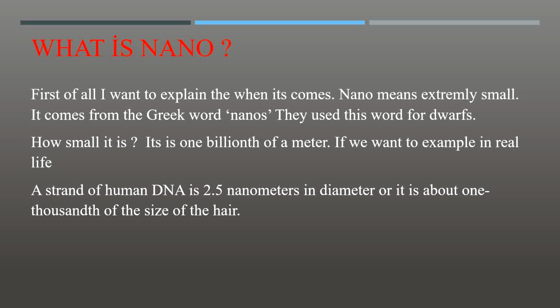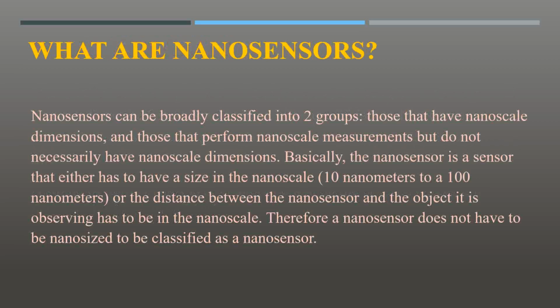We learned what nano is and where it comes from. Let's start to talk about our main topic, nanosensors. What are nanosensors? Nanosensors can be broadly classified into two groups: those that have nanoscale dimensions, and those that perform nanoscale measurements but do not necessarily have nanoscale dimensions.